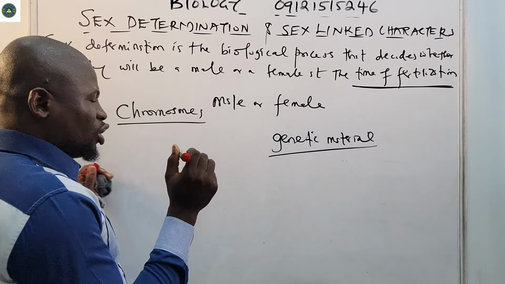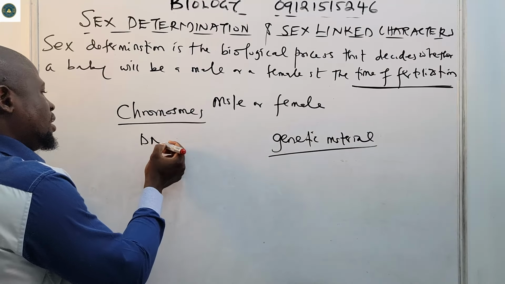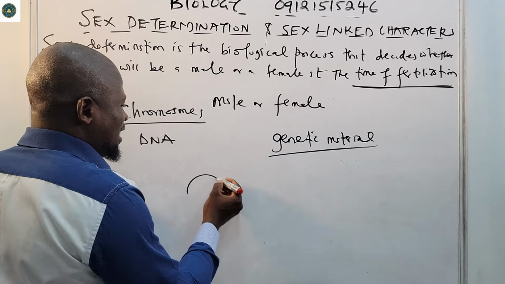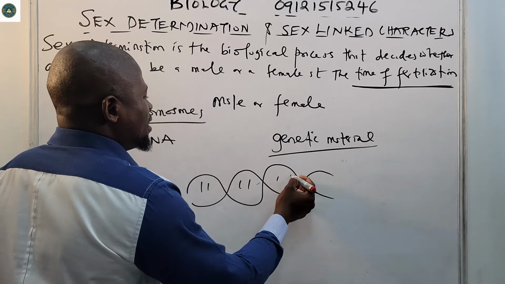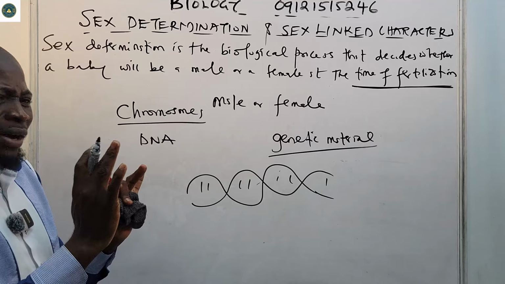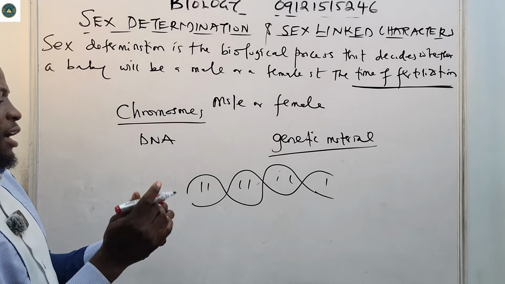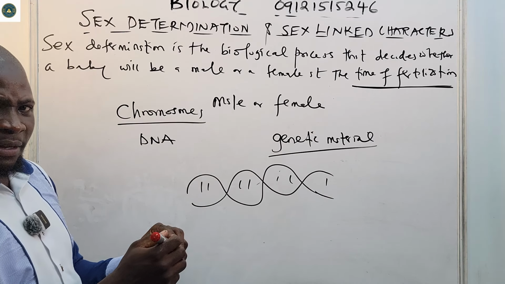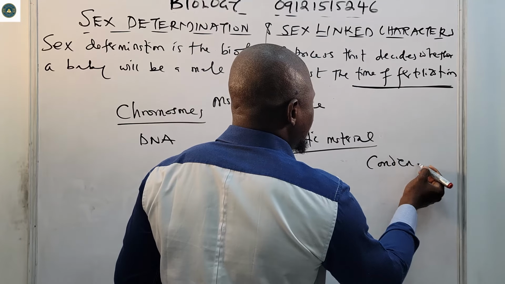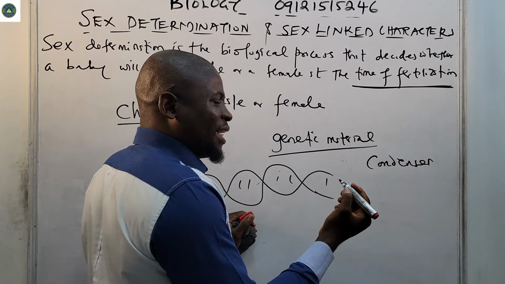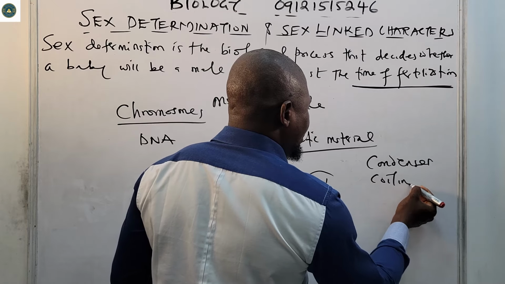Chromosomes, all right? We talked about DNA. We say DNA is a double helical structure. Now sometimes this DNA undergoes what we call condensation, or coiling.